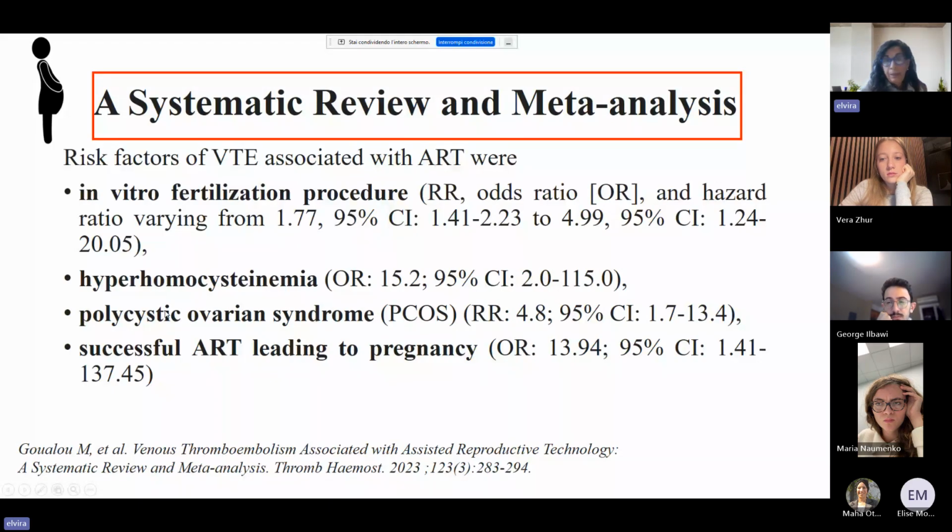The risk maybe lasts until the end of pregnancy.